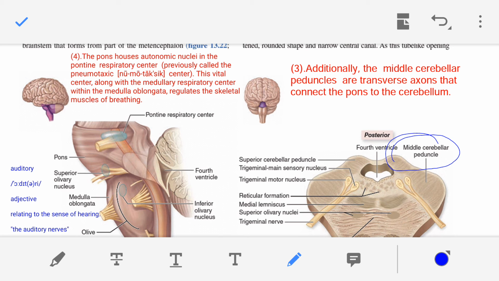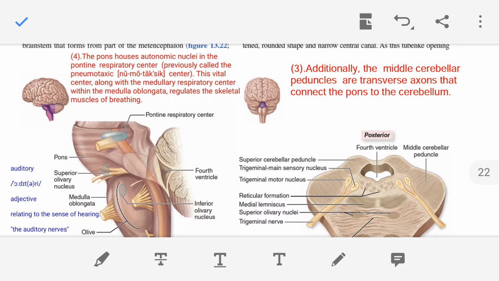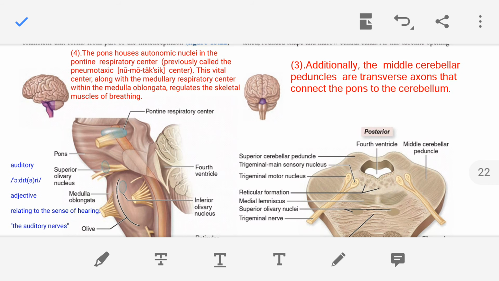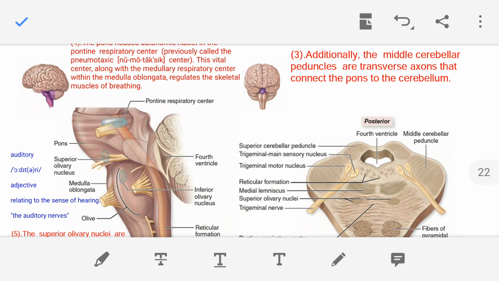Okay, so this is the third point, middle cerebellar peduncles, and they are transverse axons connecting pons and cerebellum.